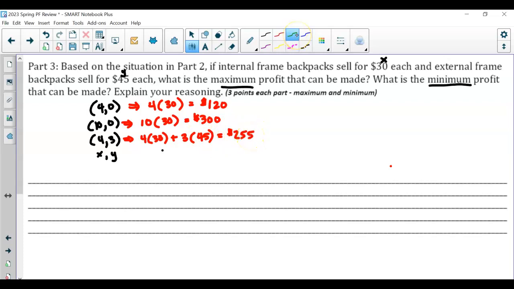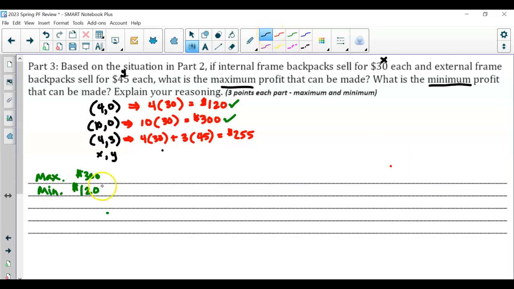So what is the maximum profit? $300. So the maximum profit is $300. The minimum profit is $120.